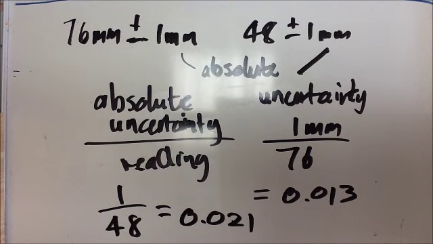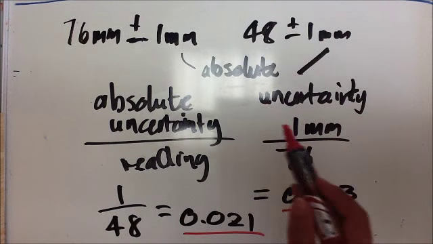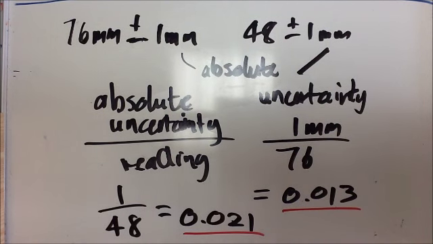If we look at these two readings, 0.013 and 0.021, we can see that the reading that has 76 plus or minus 1 has a smaller relative uncertainty than the reading of 48 plus or minus 1. So in this case, relative to each other, the reading of 76 has a smaller uncertainty.